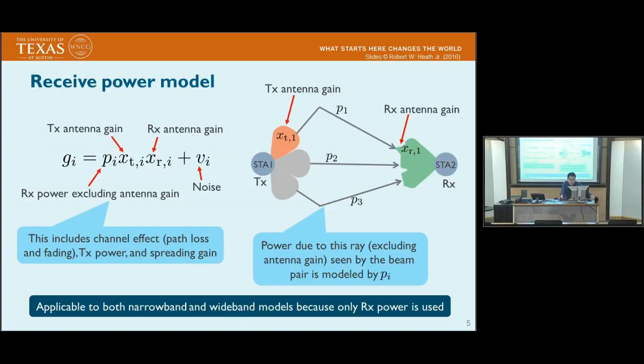And we assume an additive noise power here, V_i. One last point I want to make is that in this model, as I said, we include the spreading gain in this P_i, so it is applicable to both narrowband and wideband channels.